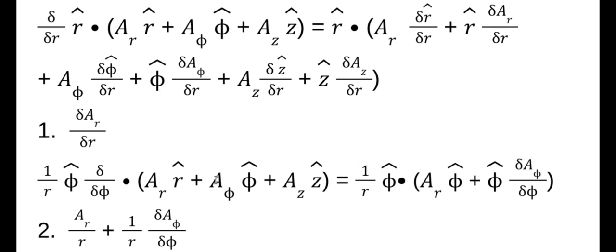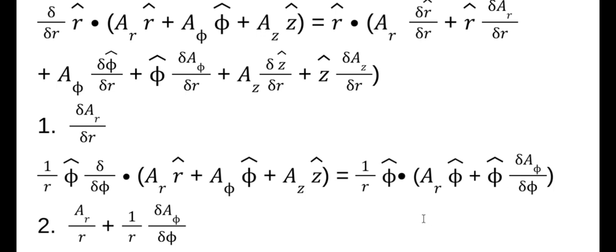Now in this term, the first times derivative of the second, so the partial of phi hat with respect to phi, is 0. So then the second, phi hat, times derivative of the first is this, and that's going to stay, right? Because phi hat dot phi hat is 1.